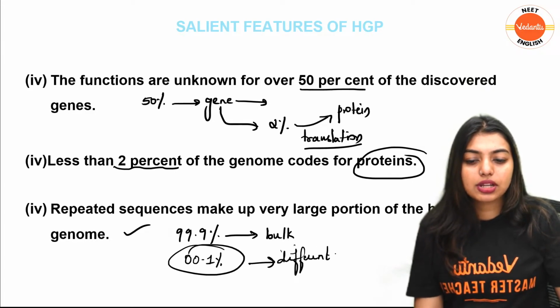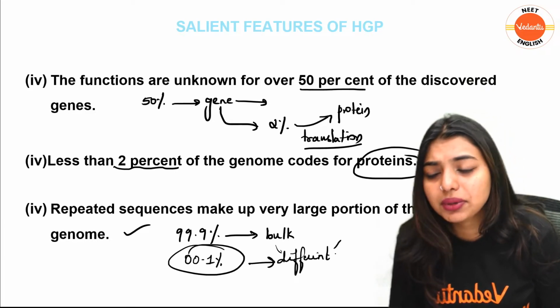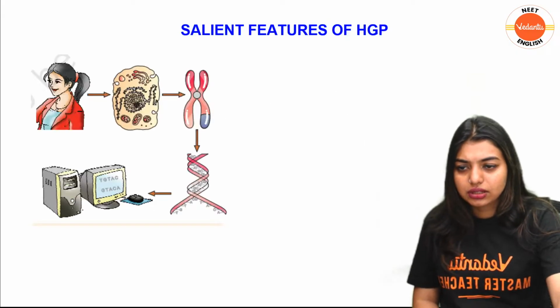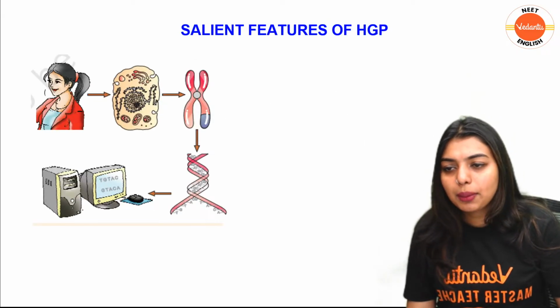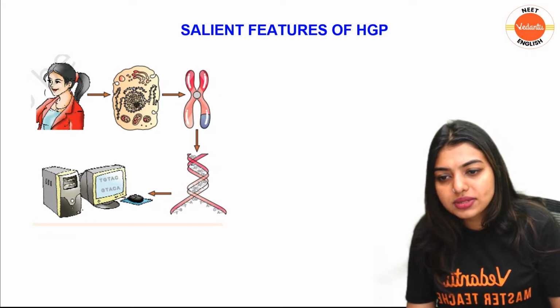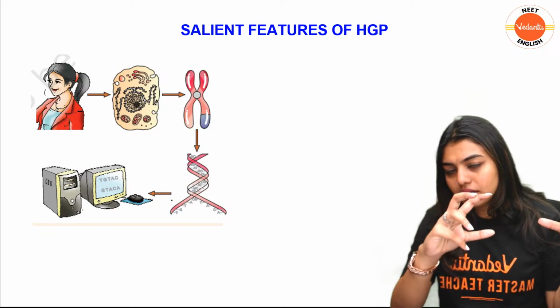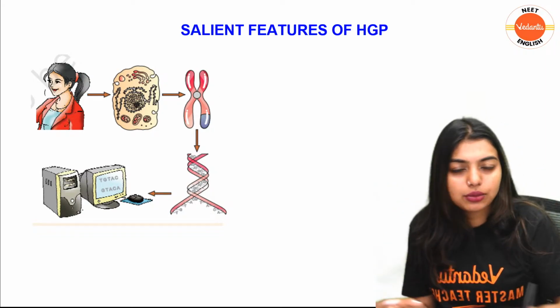Hardly not even 1% makes us different from each other. Okay, now salient features of HGP we understood. Now students, look here. A person's cells, chromosomes, the entire base pairs will be put into a database.